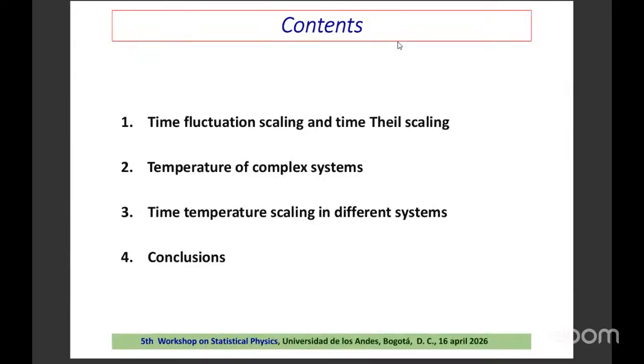I will present some aspects about time fluctuation scaling and time tail scaling. Next, I will explain the temperature of complex systems. Then I will show what time temperature scaling means in different systems, and some conclusions.